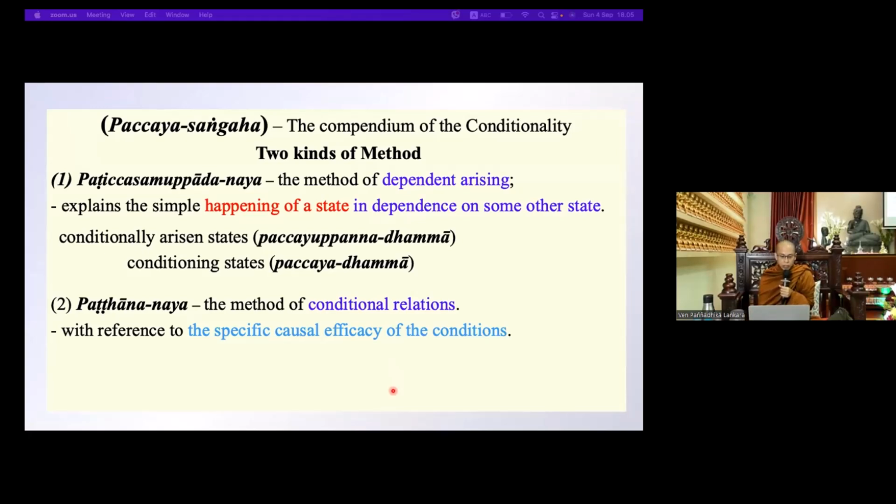So the conditionally arising states and conditioning states, Paccayuppanna Dhamma and Paccaya Dhamma, are mentioned in the Paticca Samuppada.